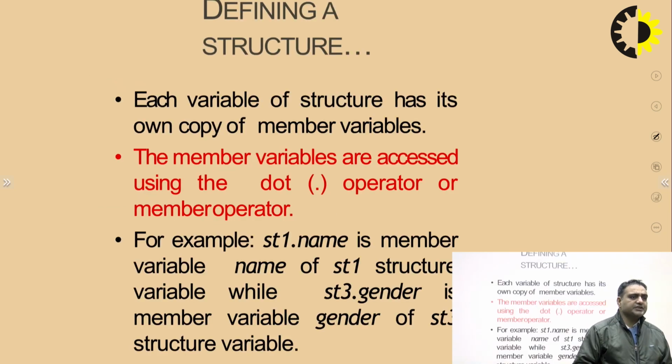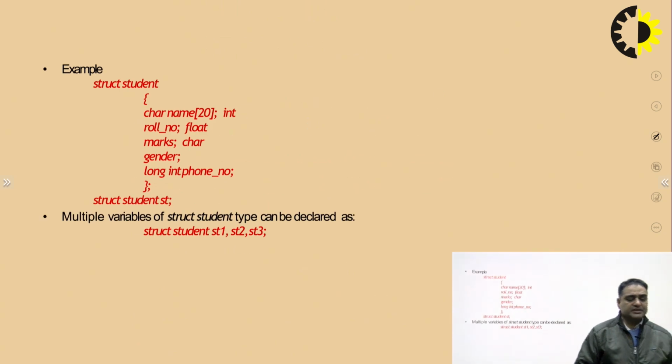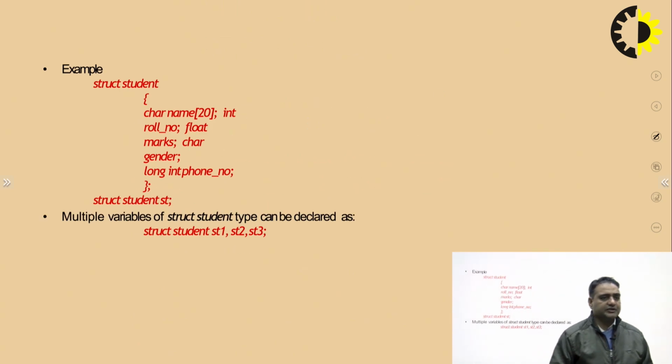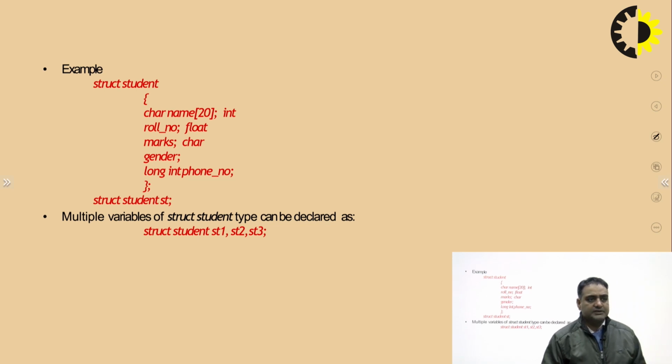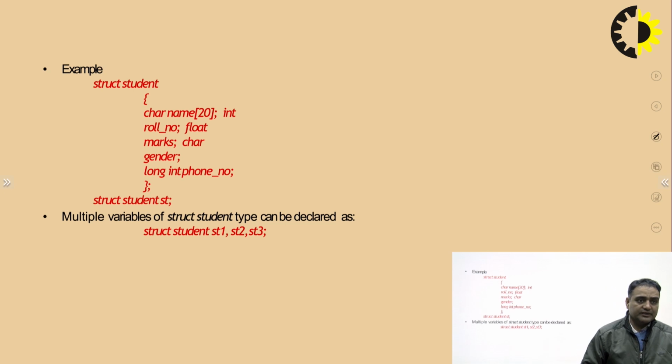Each variable of a structure has its own copy of the member variables. The member variables are accessed using the dot operator or member operator. In previous slides you saw that st1, st2, st3 are structure variables. How can you access the structure members: name, roll number, marks, gender, and phone number?